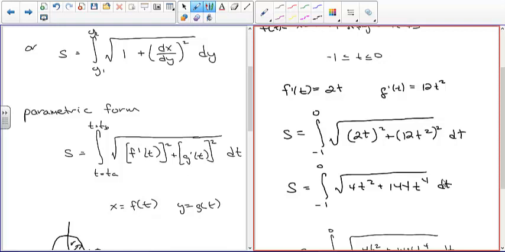If you're trying to come up with a u substitution, you would normally let the entire argument be u. But if you take the derivative, you're going to have 8t plus 500 and something t cubed, and there's nothing there.